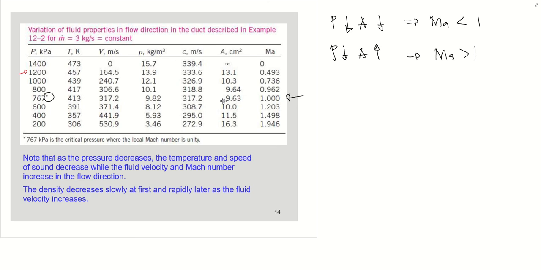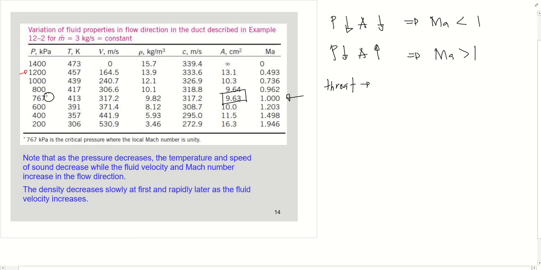At this location, it is called a throat. Throat is where the Mach number is unity at the location of smallest flow area. So we call it a throat.